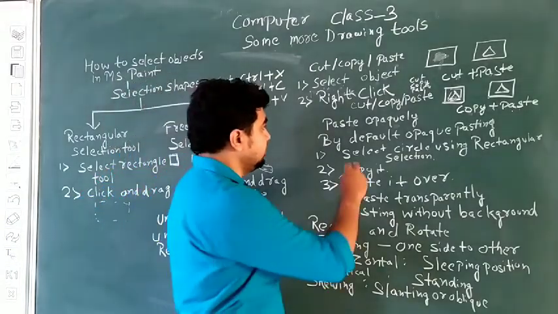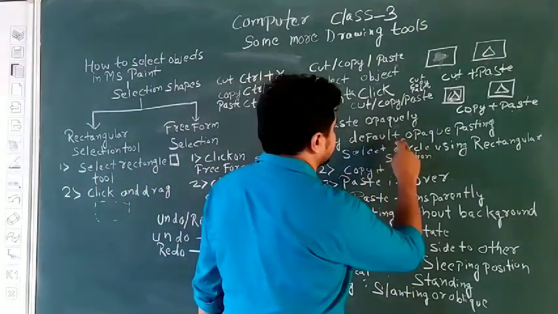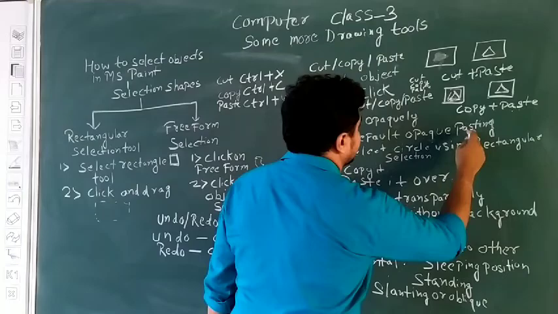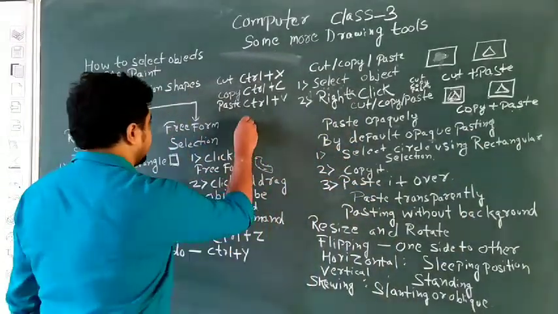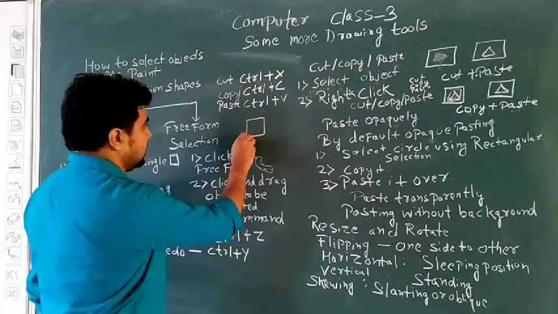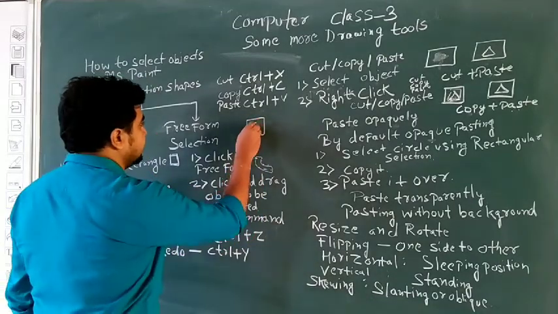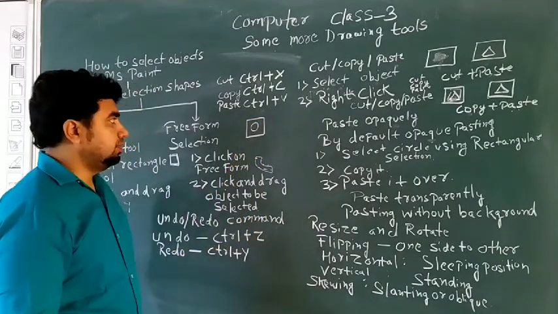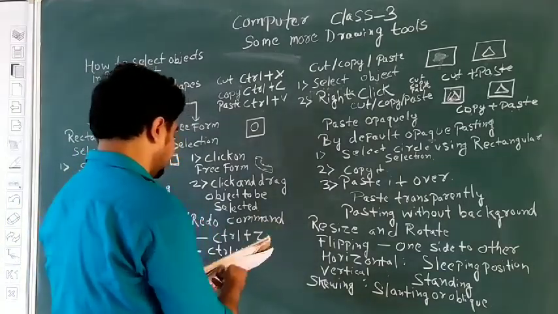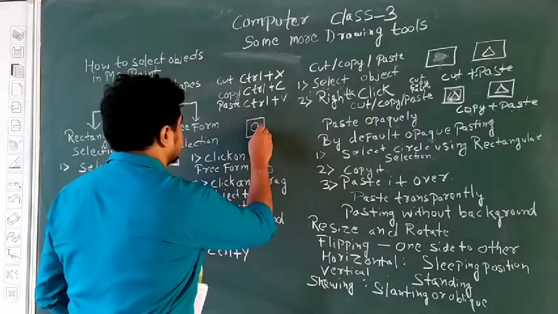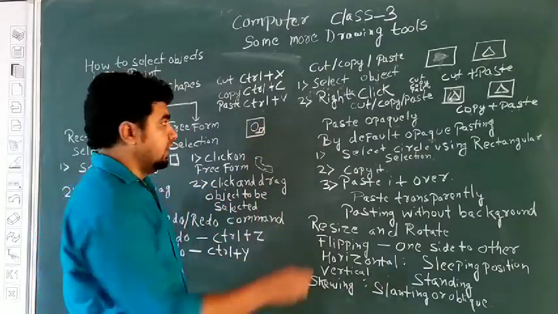Paste opaquely means by default opaque pasting is there. I will give one example here. In the book also it is given. Suppose one triangle is given, a circle is given, and I am taking one rectangle.